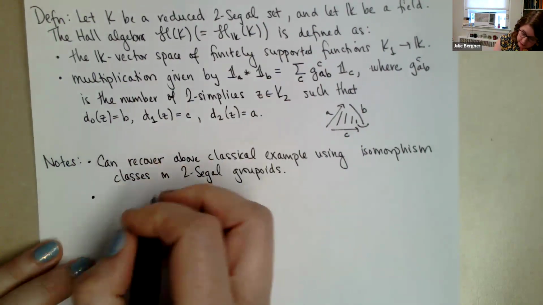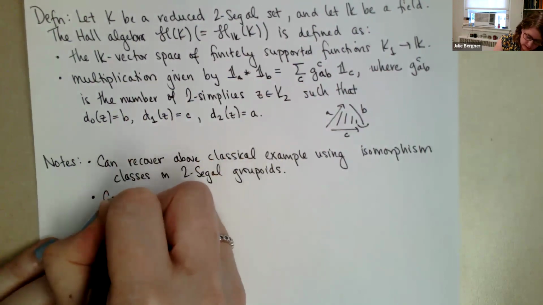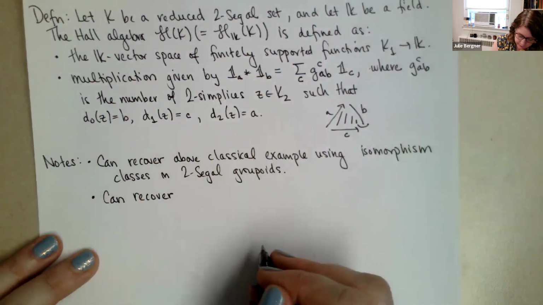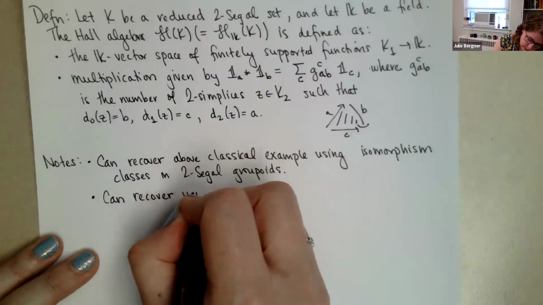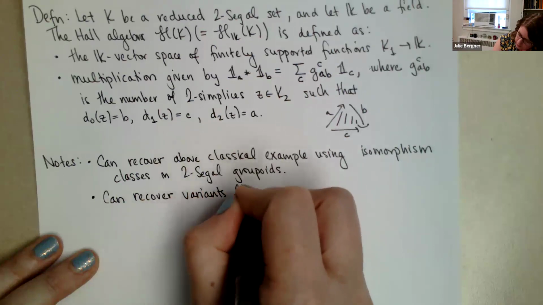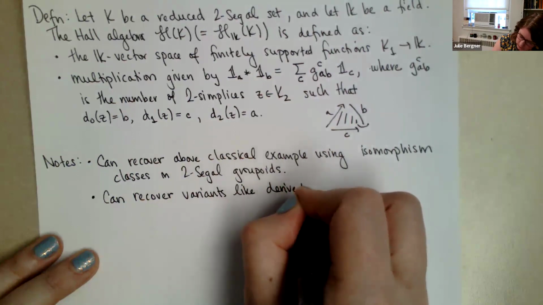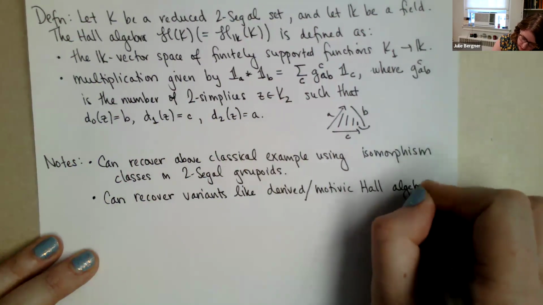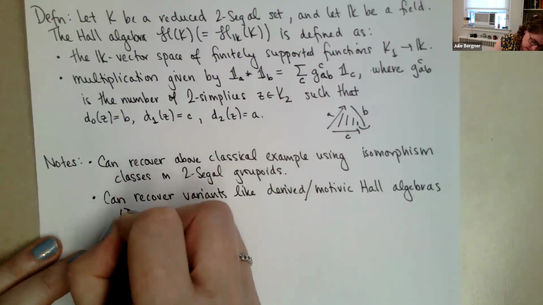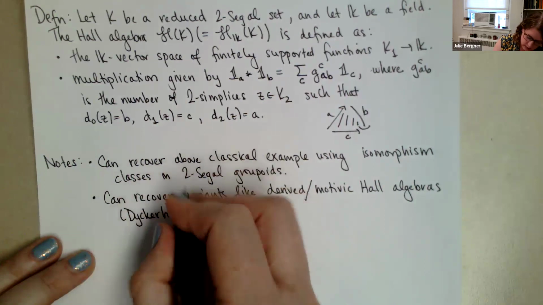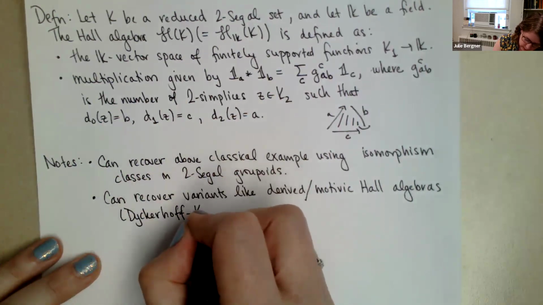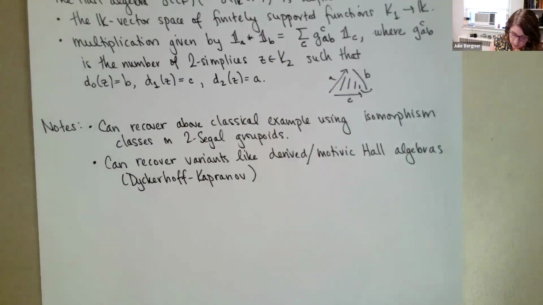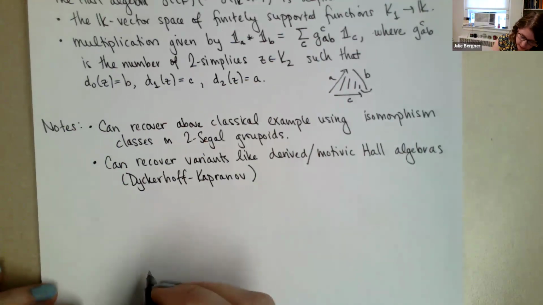There are also other flavors of Hall algebras, and you can also recover them, again, using different kinds of 2-Segal objects. So you have variants like derived or motivic Hall algebras. I'm not going to say anything about them. This is in the higher Segal spaces manuscript of Dyckerhoff and Kapranov, and I will refer you to that. It's a really beautiful theory.